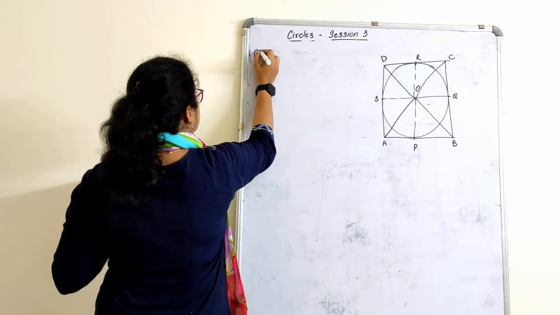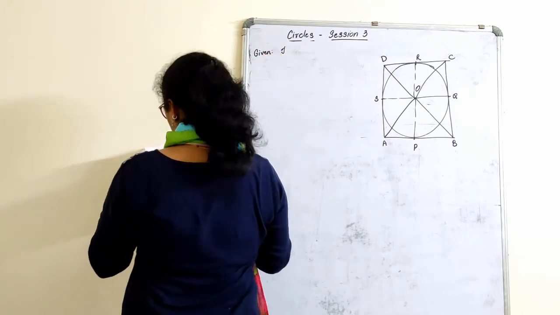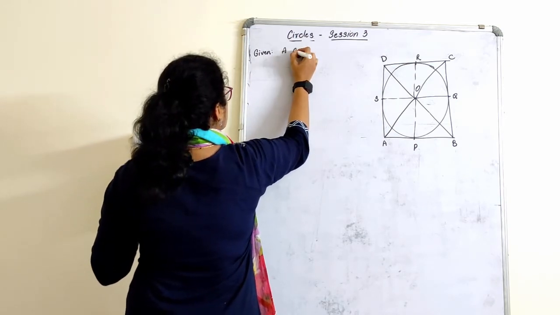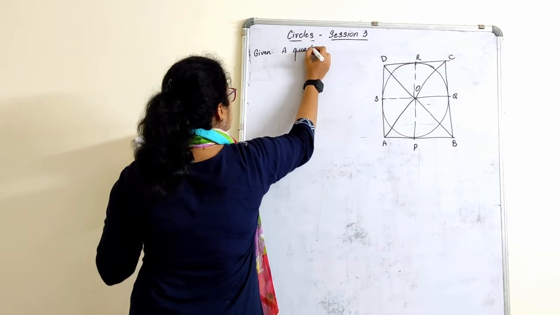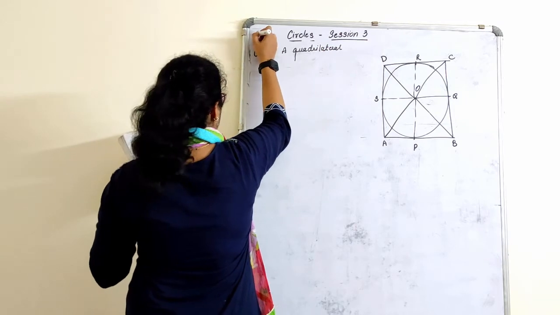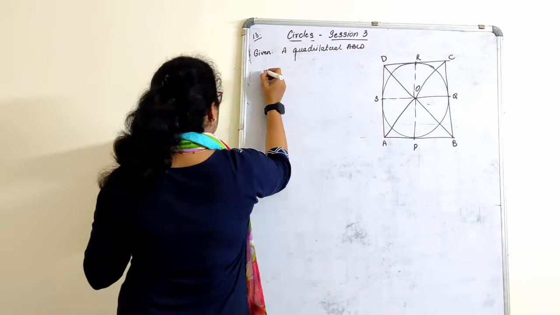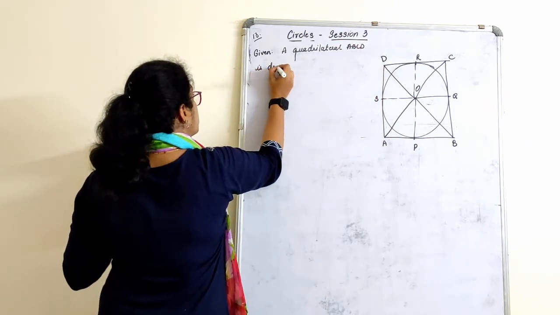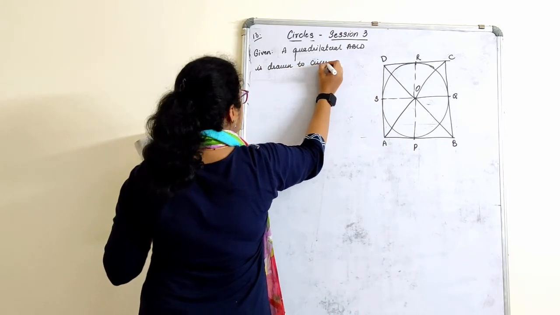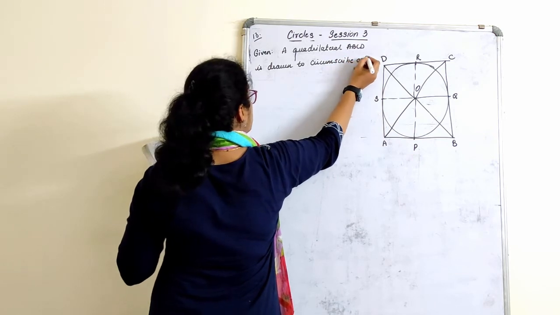So given, a quadrilateral ABCD is drawn to circumscribe a circle.